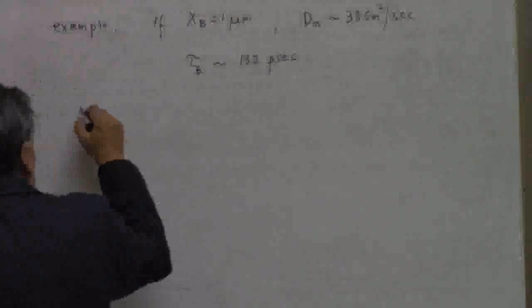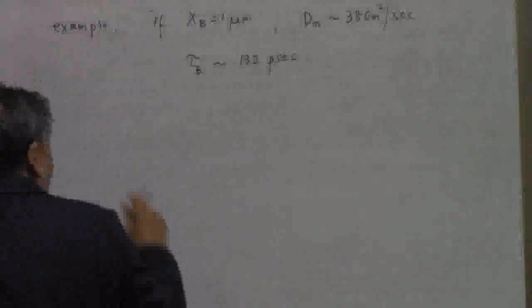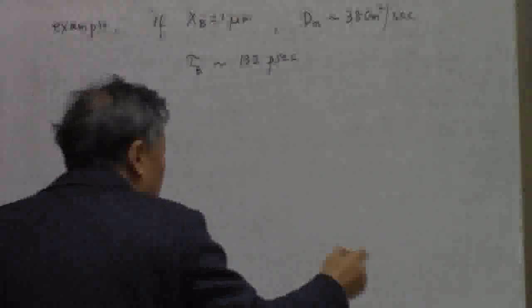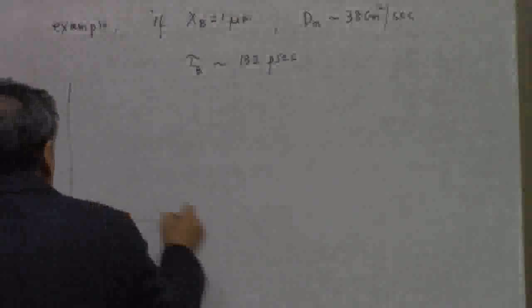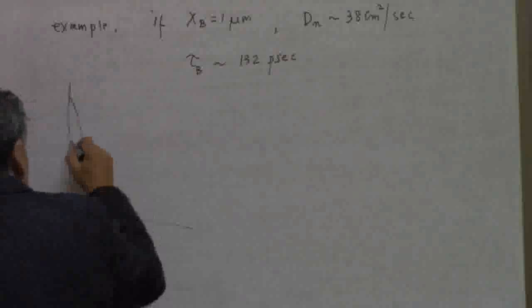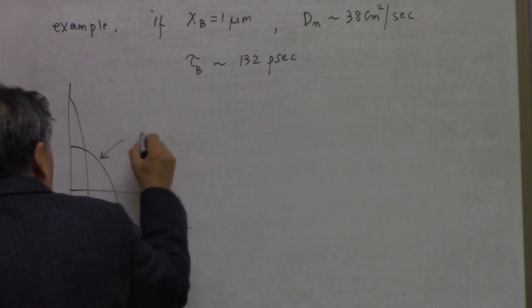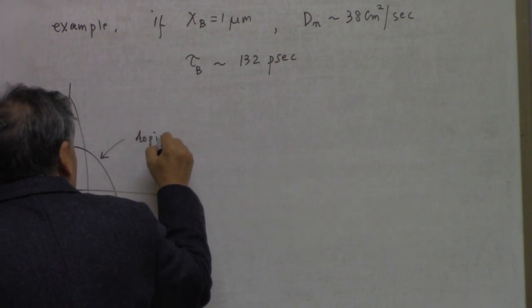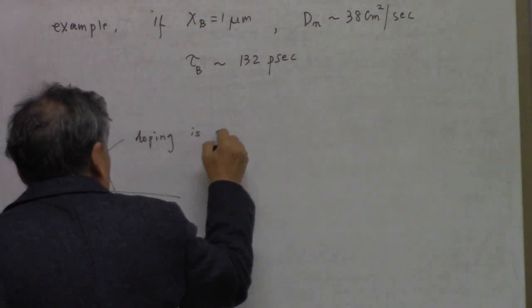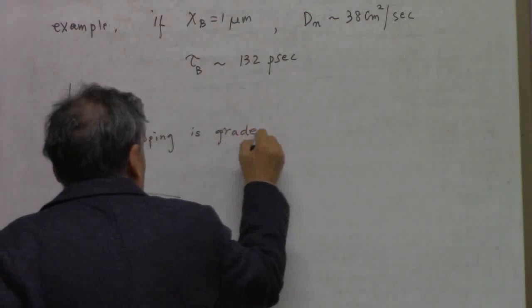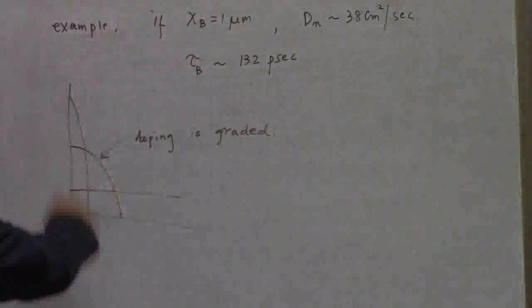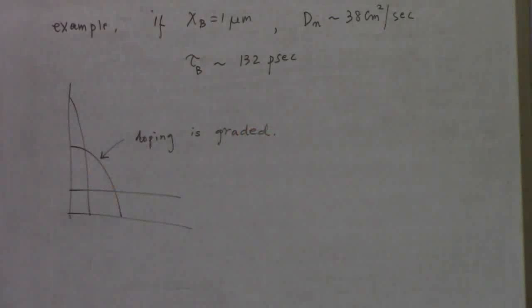Now, if the doping in the base is graded, as we have seen, you cannot make the base region doping constant.